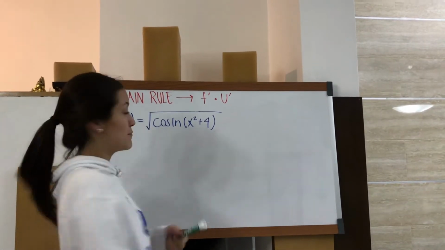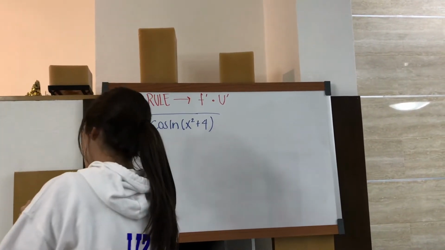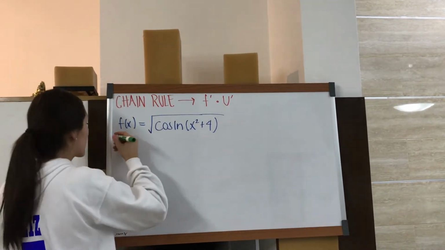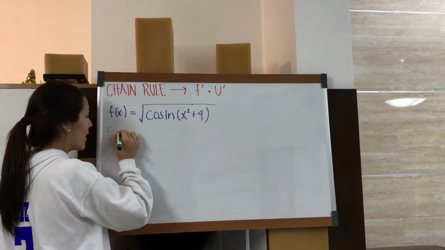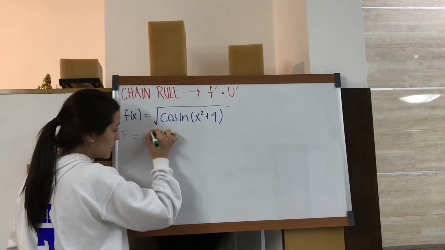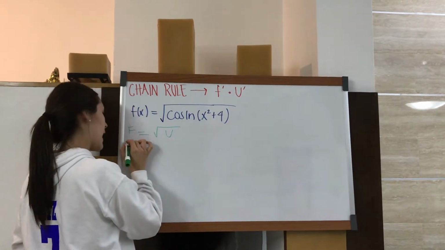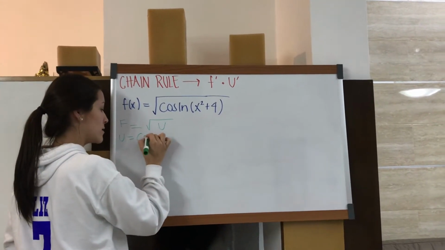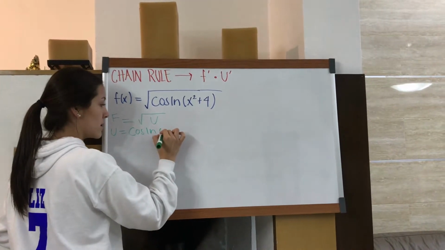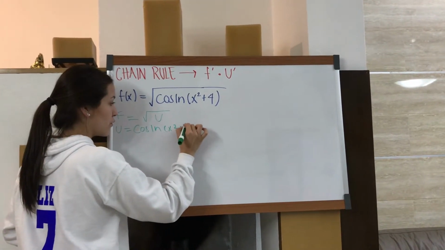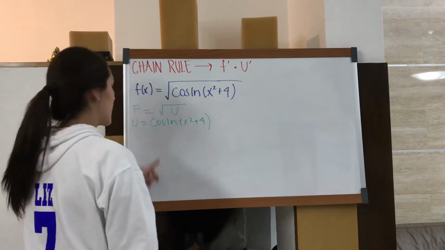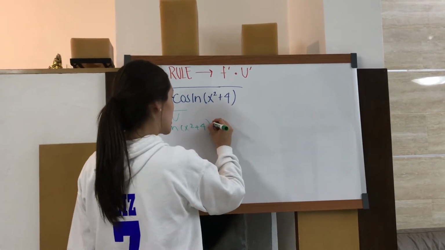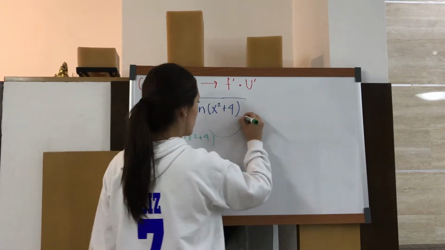Finally, the last example of chain rule. This is a hard one. So you have to identify the f, that is square root of u, and u will be cos of ln(x squared plus 4), and you have to make another chain rule for this one.